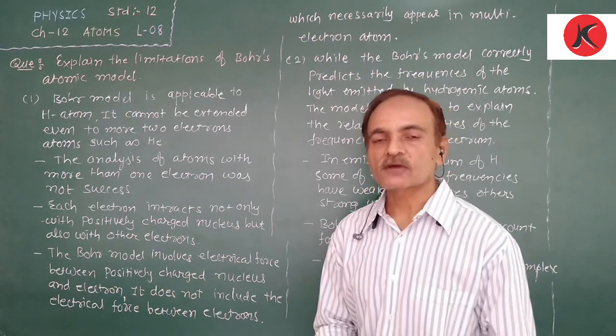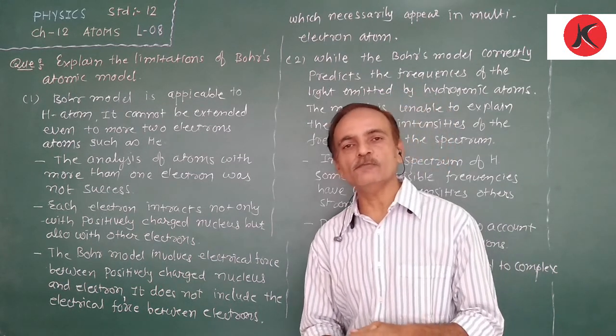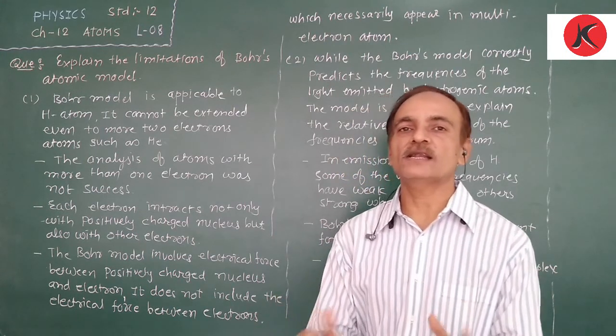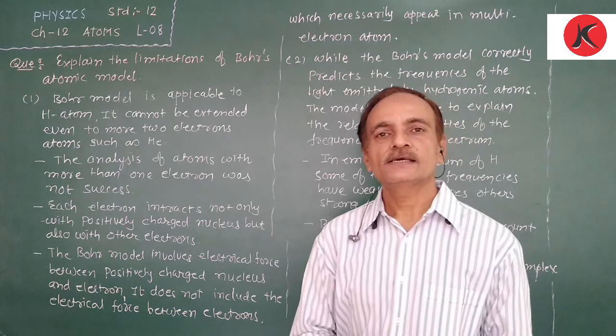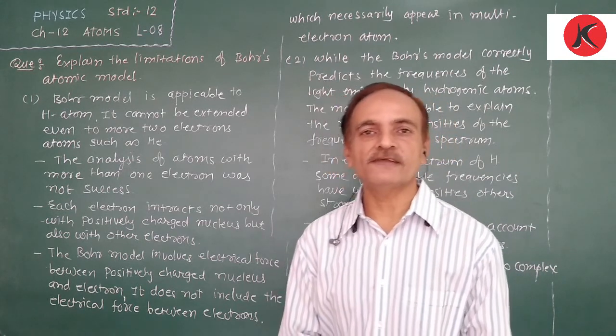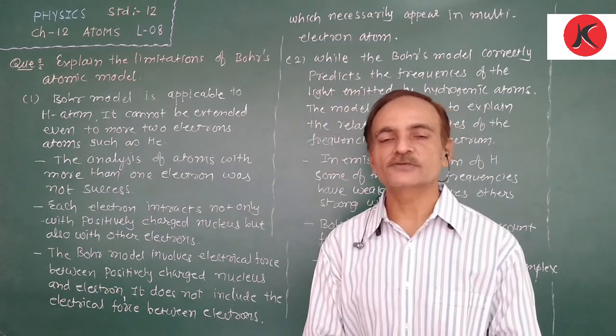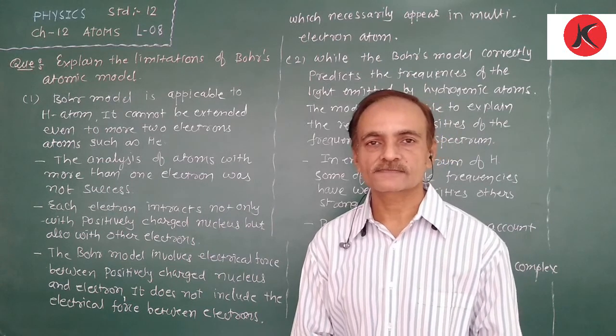While for a complex atom, that means an atom which has more than one electron, not only the force of attraction between the positively charged nucleus and electron takes place.